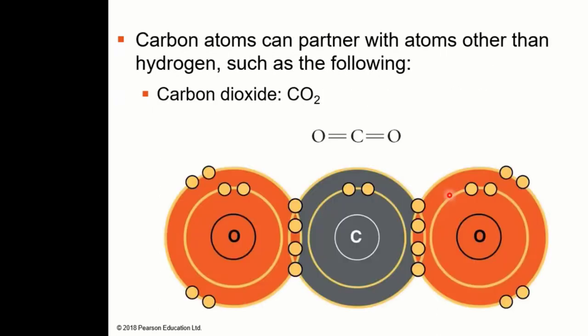And then carbon atoms can partner with atoms other than hydrogen, such as the following, which is carbon dioxide. When we talk about 1 carbon, 2 hydrogen, you see how they're partnering, with the atomic number, the valence electrons, the number of electrons, the number of neutrons. They are bonded covalently with the double bond and the strength of those partners.